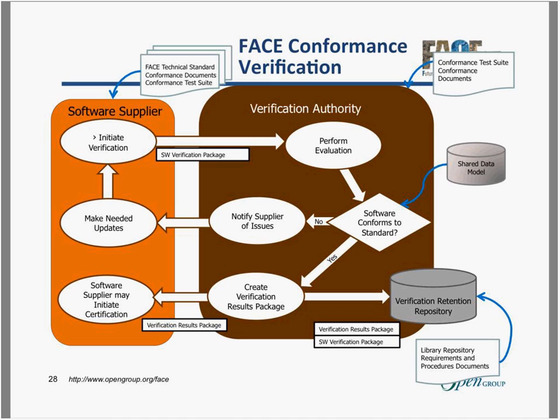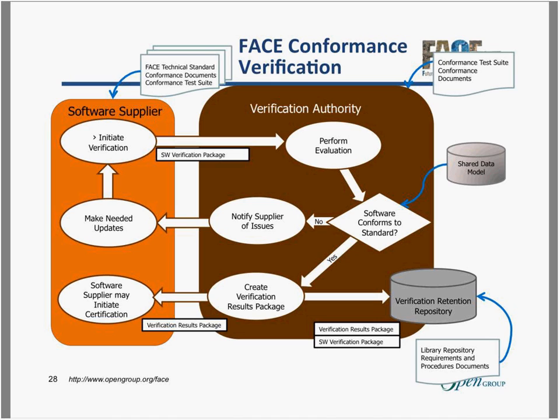Again, the software supplier has full access to that exact same test suite, so there should be no surprises. They perform evaluation. If there are some issues, then there's some back and forth. Feedback is provided, all done in accordance with the FACE consortium policies and processes, but also in accordance with that verification agreement that the supplier and the VA have entered into.